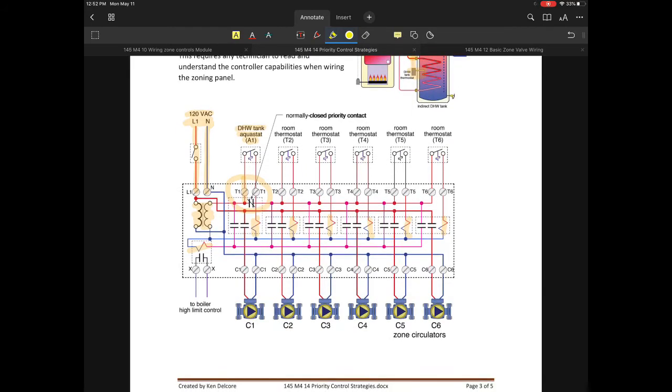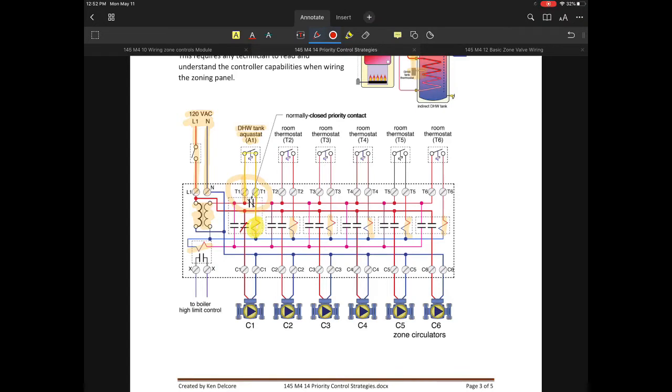When that happens, the 24 volts they're pulling from T1 is now going to be sent directly through, I'll make that a little bit smaller. That's going to take the 120 or the 24 volts, run it through the A1 thermostat on a demand, and send it down to T1.